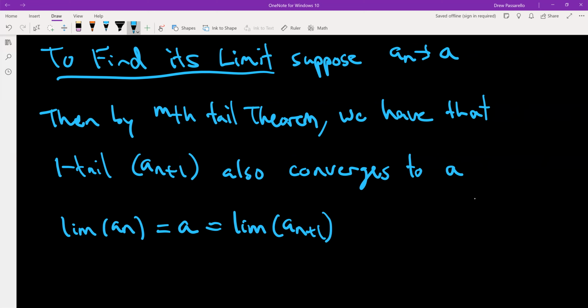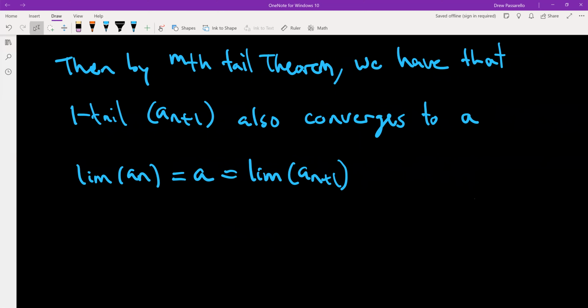And how was our sequence defined? The n plus 1 term was the square root of 2 plus the nth term. So we could say a is equal to the limit, and our sequence is defined as the square root of 2 plus an.